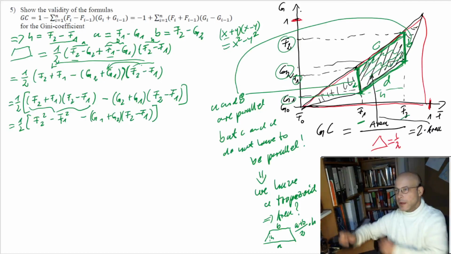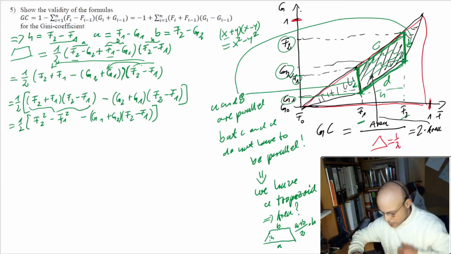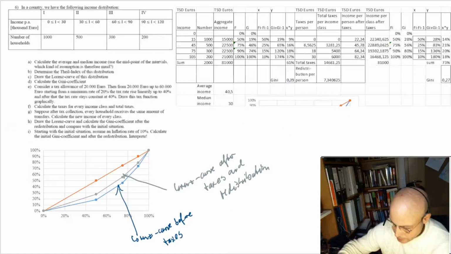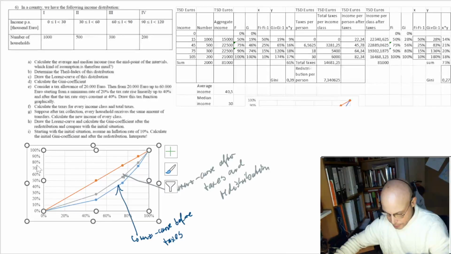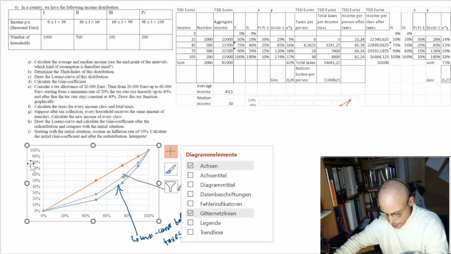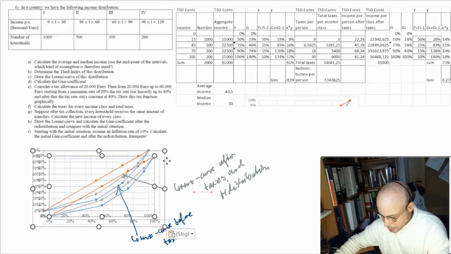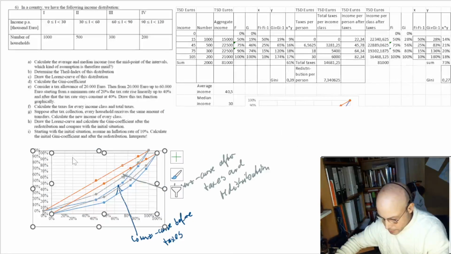And now for the Gini, of course, we have to keep in mind that we have to collect all these trapezoids. Let's go back here. Let's copy this one and put it here.